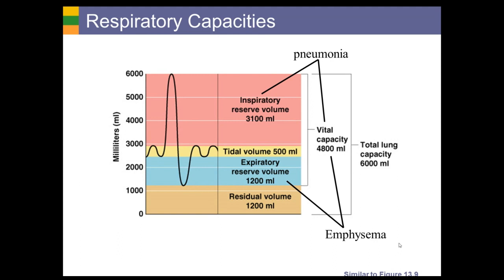And emphysema is a chronic condition, and so over time, by testing a patient's expiratory reserve volume and vital capacity, we can actually chart how quickly they are declining, or if they're not declining at all. So this is just an example of why these respiratory volumes and capacities are important.